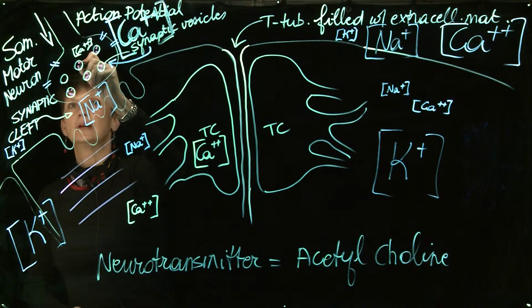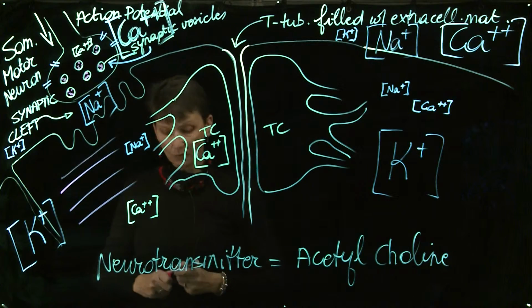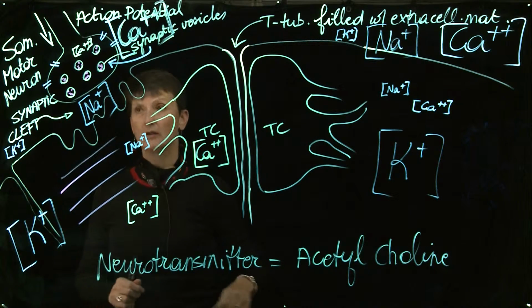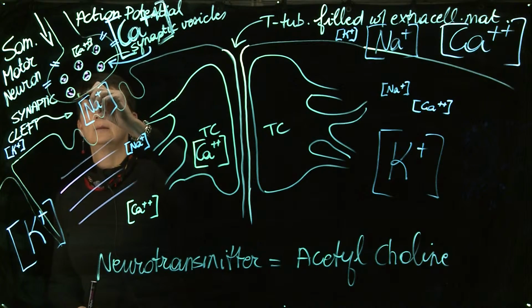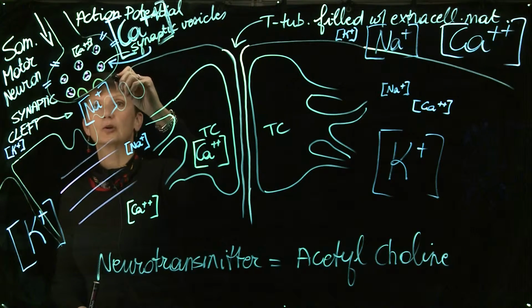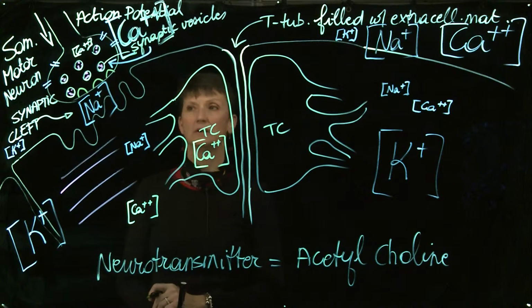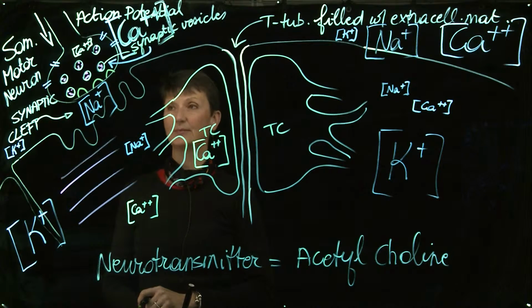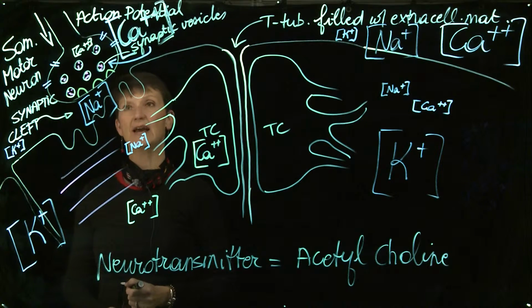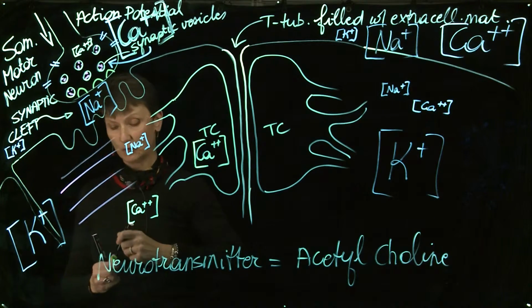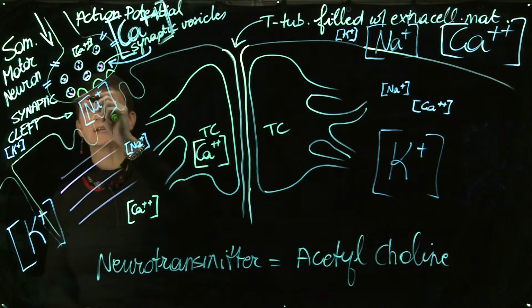to start moving. And when they move towards the membrane of our axonal terminal that faces the synaptic cleft, they go through the process of exocytosis to then release their neurotransmitters.